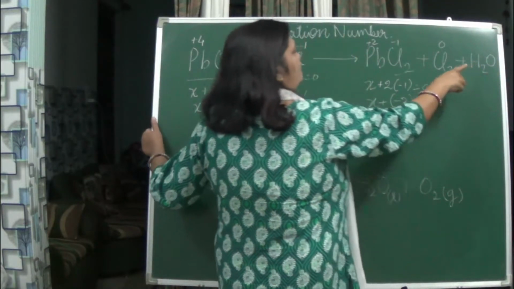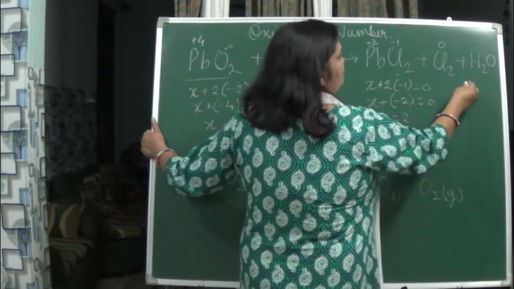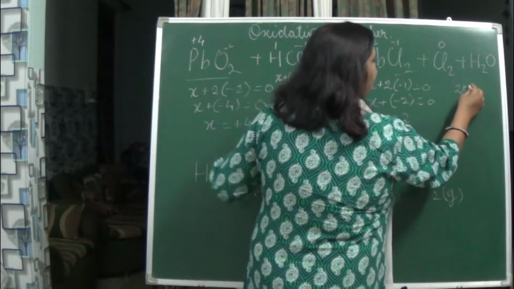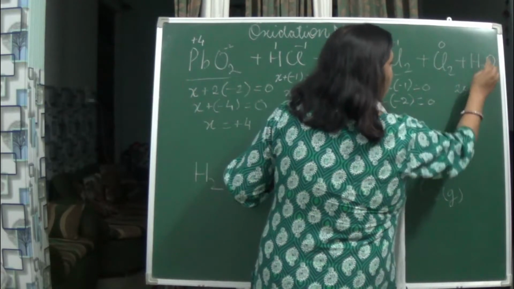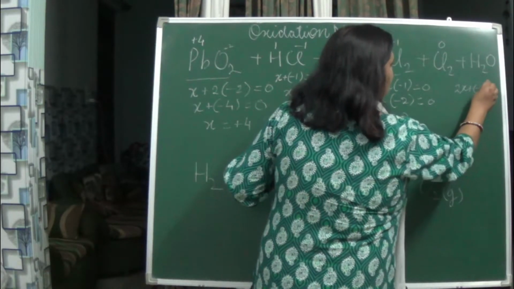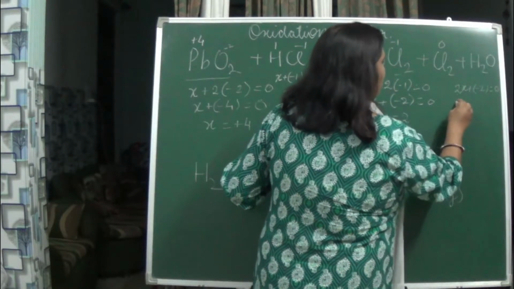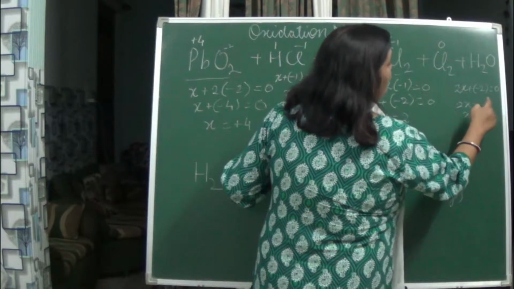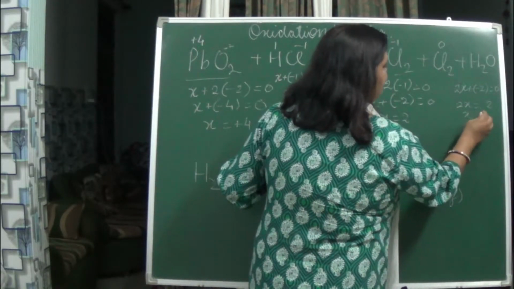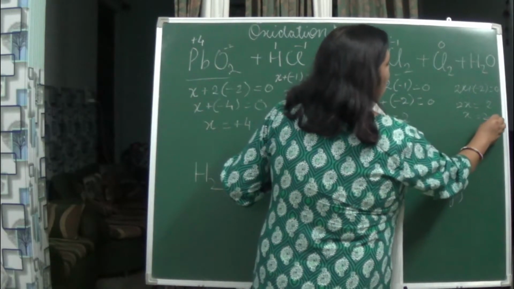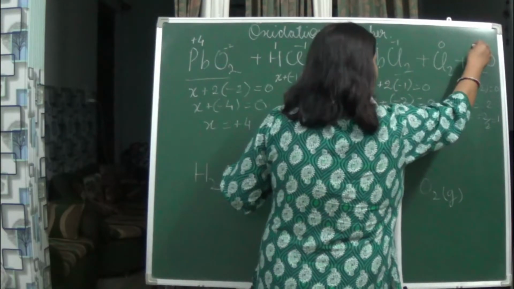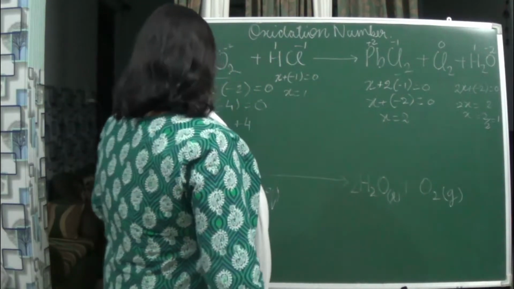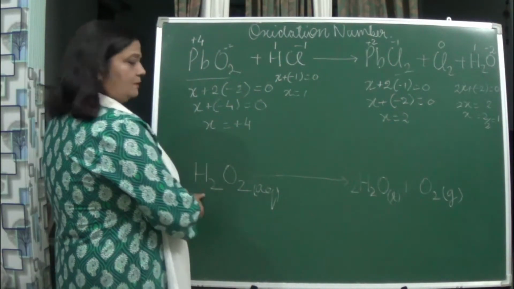Naturally here it is -2 for oxygen. Taking X, it will be 2X plus -2 is equal to 0. Therefore 2X is equal to 2, so X is equal to 1. Hydrogen is 1 and oxygen is -2. Now coming to hydrogen peroxide.